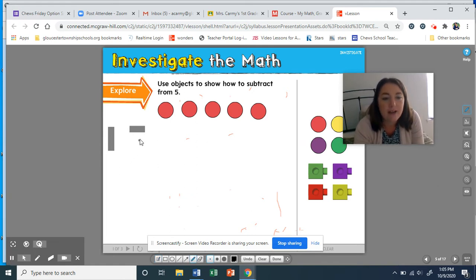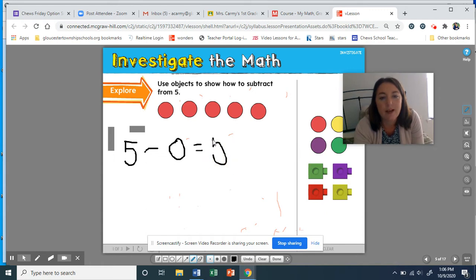So if I have 5 red counters and I take 0 away, I'm going to say 5 minus 0 equals 5.